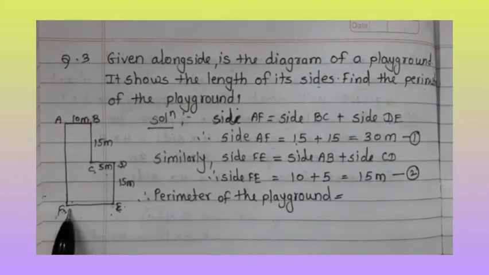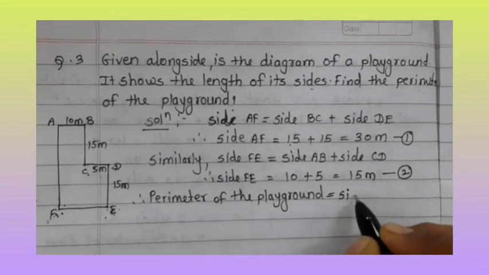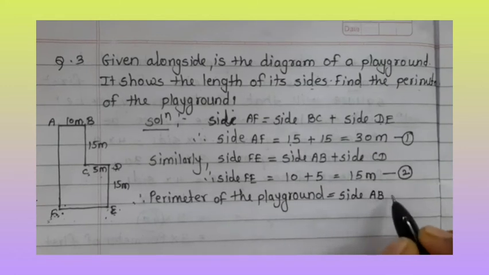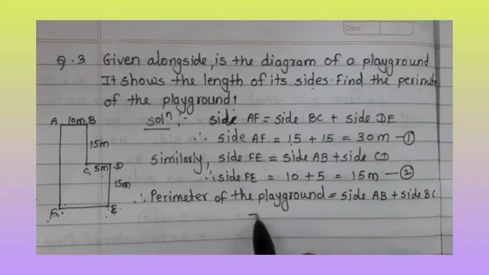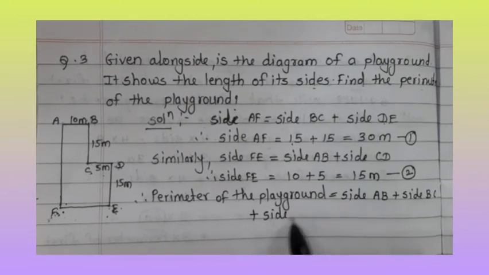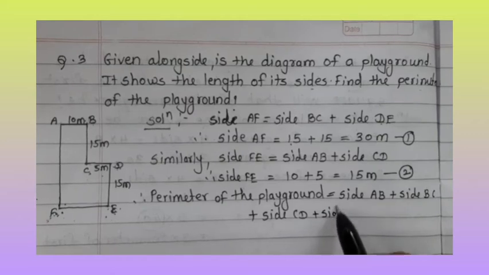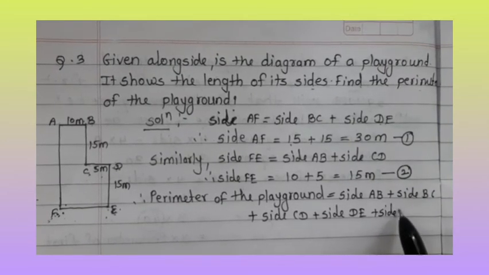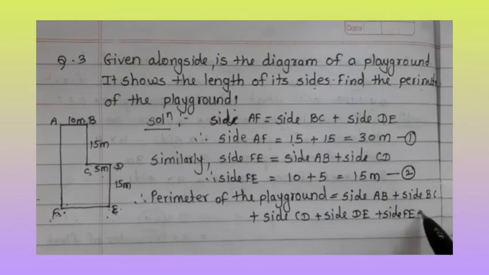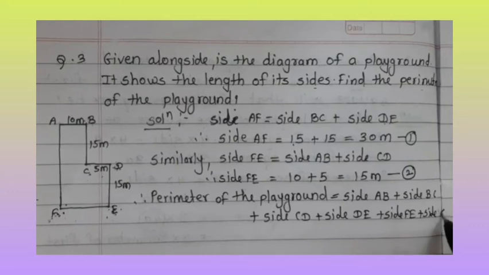So this will give the perimeter of the playground. Now write down side AB plus side BC plus side CD plus side DE plus side FE plus side AF.